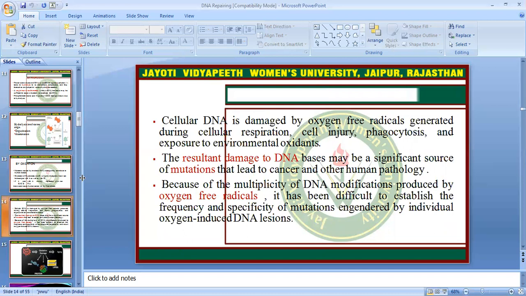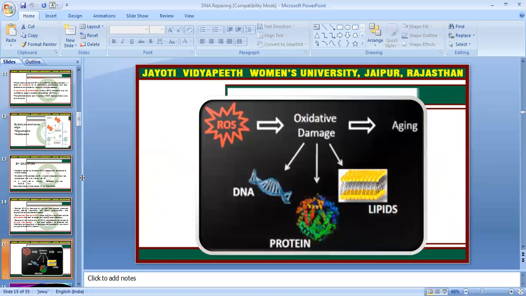The resultant damage of the DNA base may be a significant source of mutations that lead to cancer. Because of the multiplicity of DNA modifications produced by oxygen free radicals, it has been difficult to establish the frequency and specificity of mutations generated by individual oxygen-induced DNA lesions. This is the flow diagram where DNA damage is generated by the ROS.